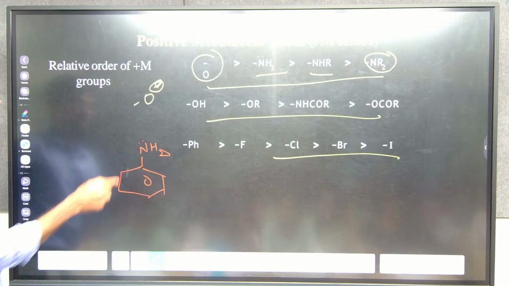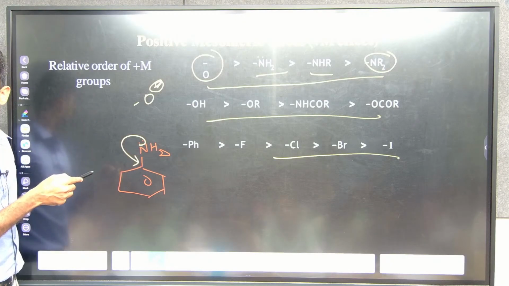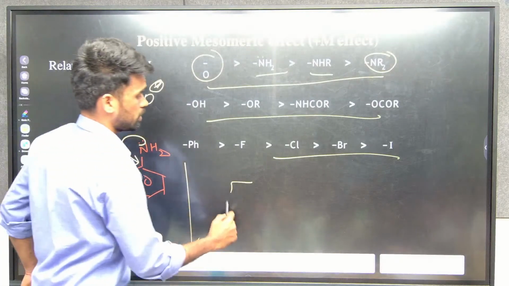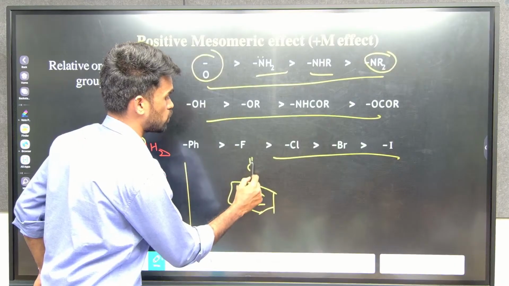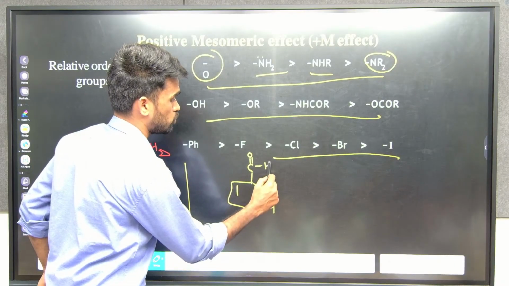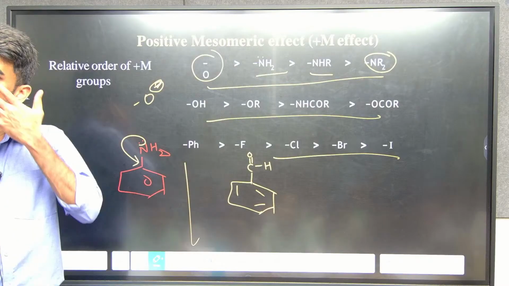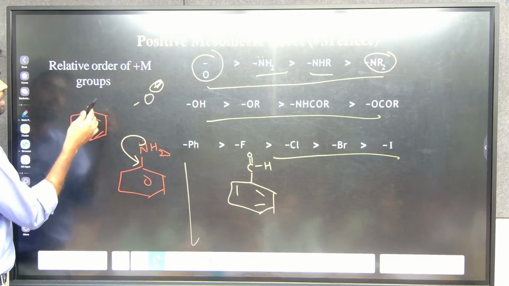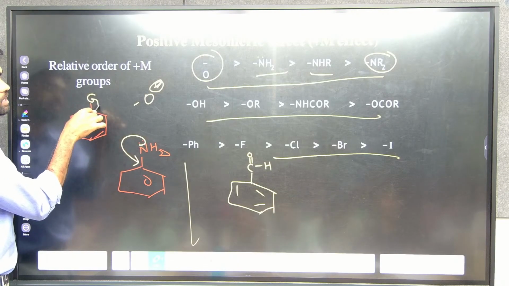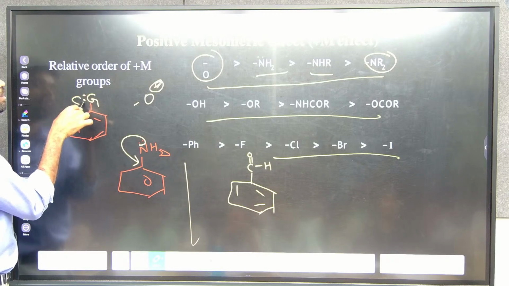See, at least one lone pair is there, then that group acts as what? Plus M group. Okay, now just identify this group whether it is plus I group, plus M group or minus M group. What I told you, to the conjugative system, if an atom is attached, if it contains at least one non-bonding electrons, then it can be plus M group.